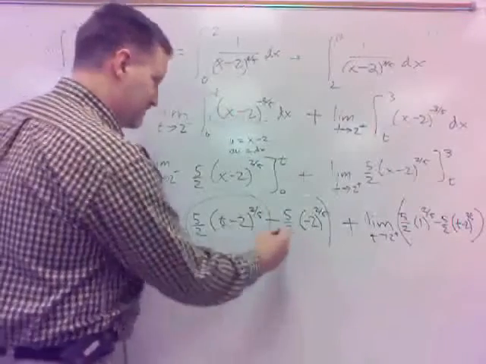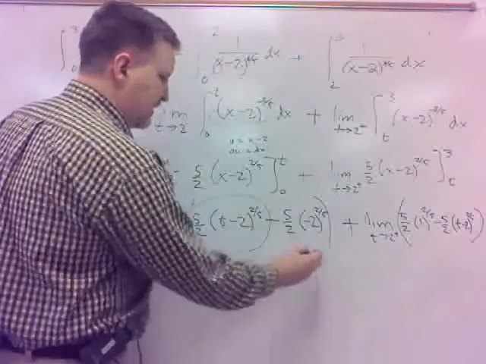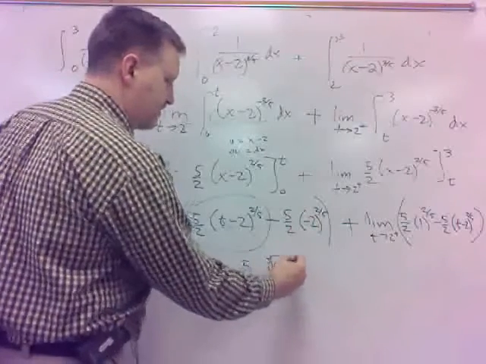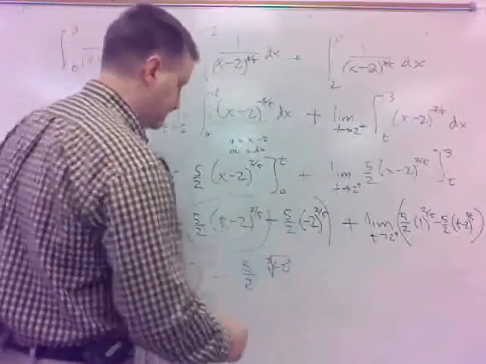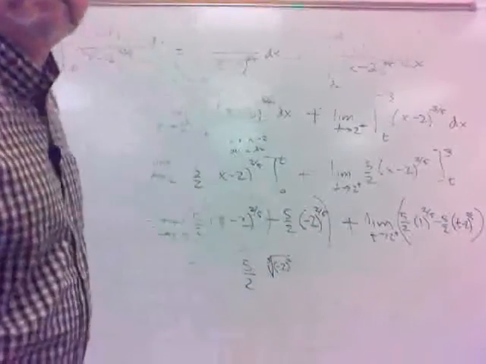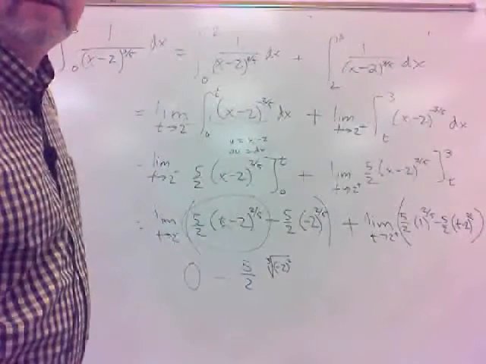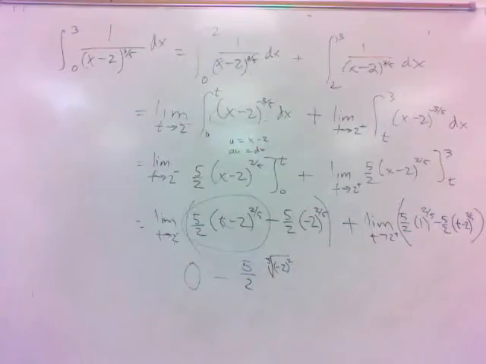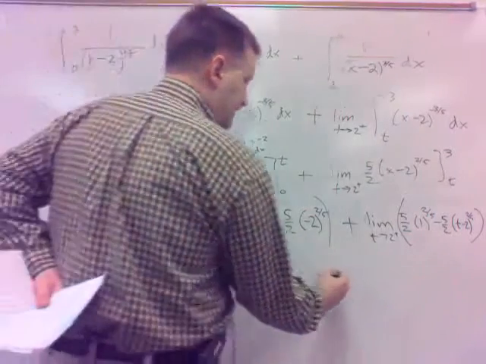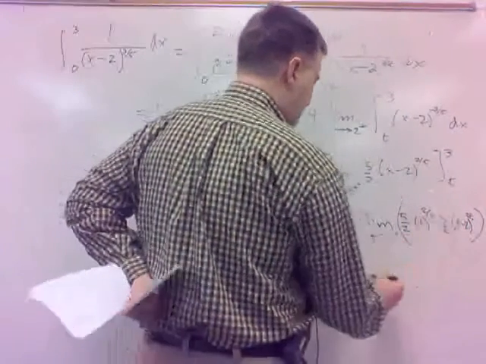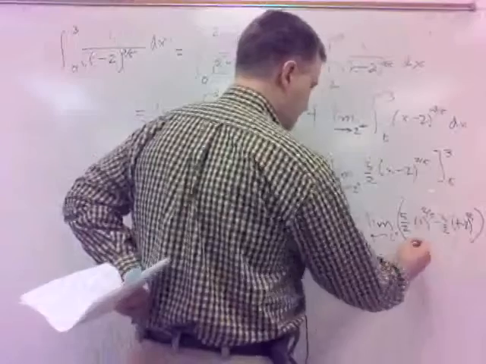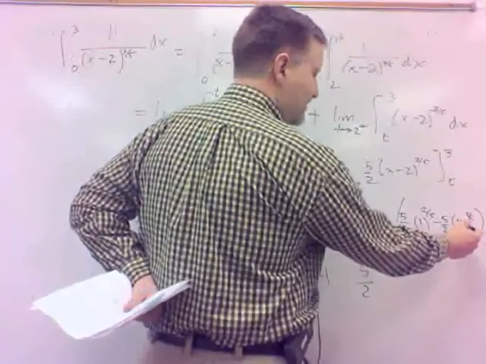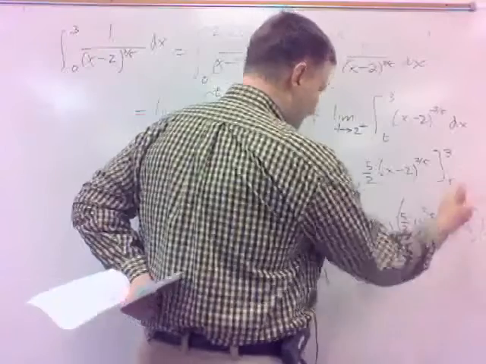All right, what did I say this was? 5/2 times the 5th root of negative 2 squared. So it's the 5th root of 4. Okay. All right, then this, 1, so that'd be 5/2 there. What about that? Well, again, t is going to 2, so 2 minus 2 is 0 again.